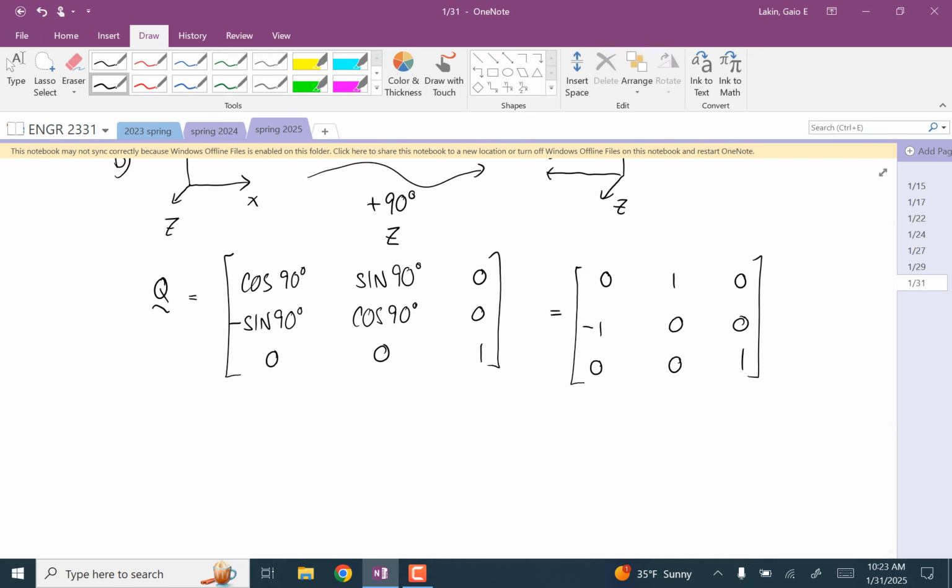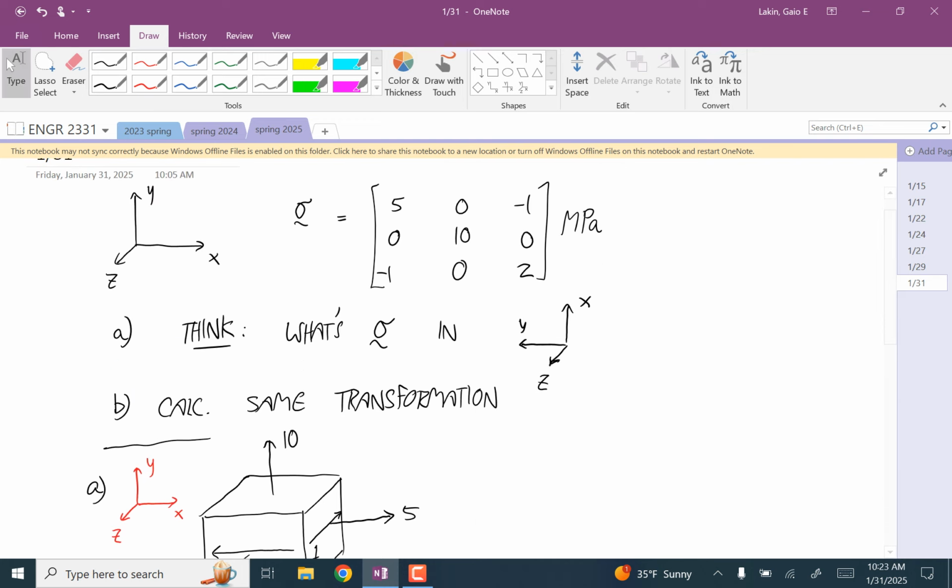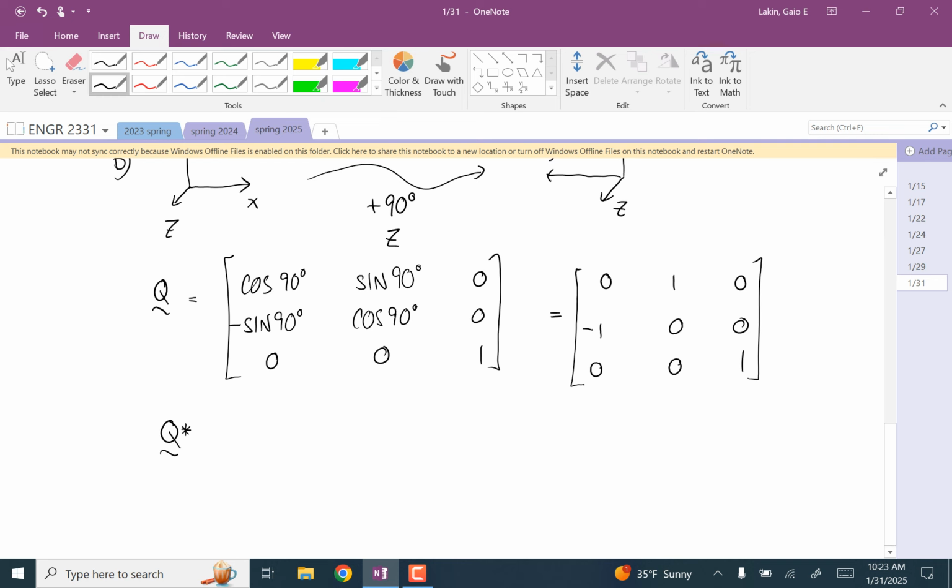Now that you have Q, you can go Q times our initial stress tensor, 5, 0, negative 1, 0, 10, 0, negative 1, 0, 2, and multiply that by Q transpose.